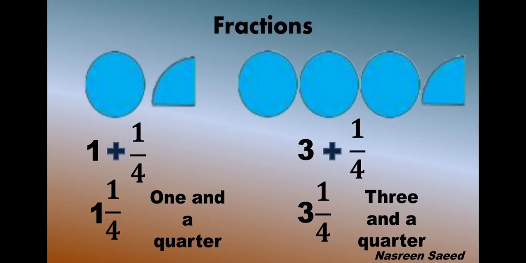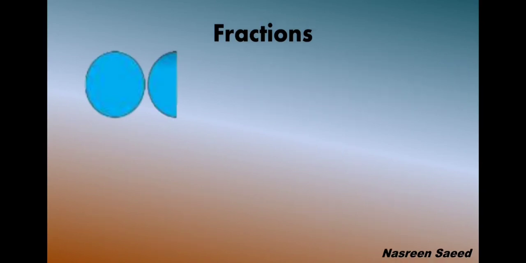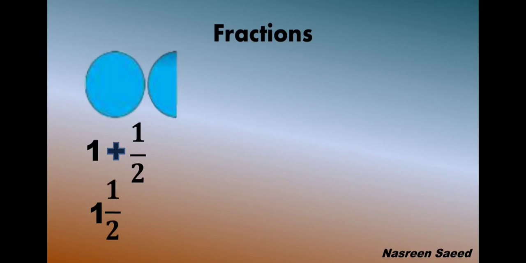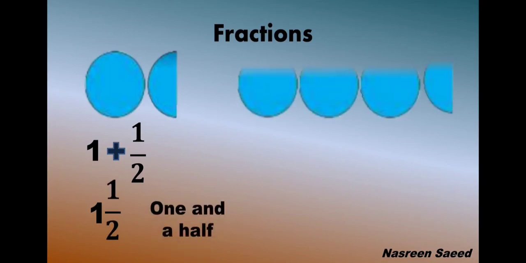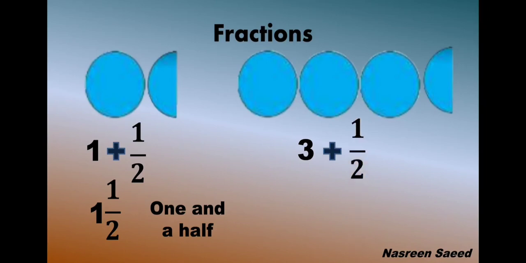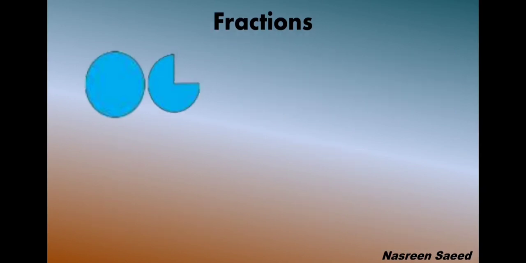Here we have whole plus quarter. Now if we have 1 whole and 1 half, it makes 1 and a half. It is written as 1 1 upon 2 and read as 1 and a half. If we have 3 whole and 1 half, it is written as 3 1 upon 2 and read as 3 and a half.